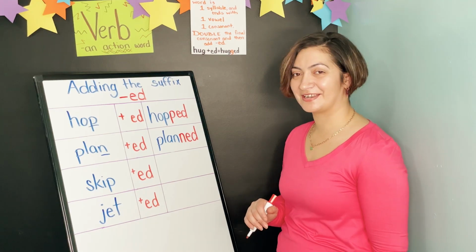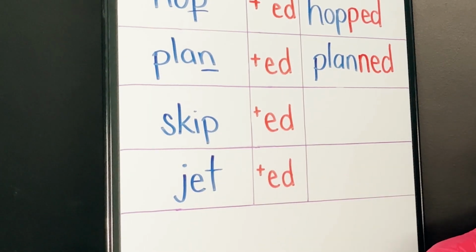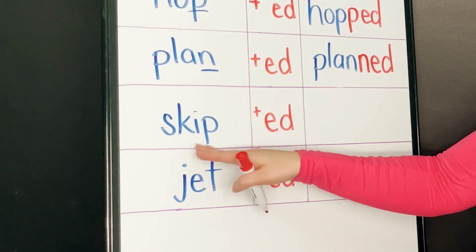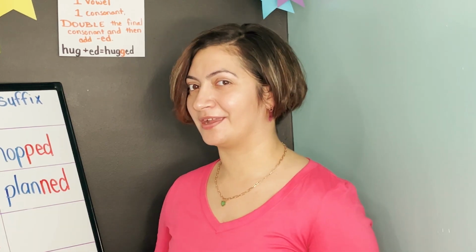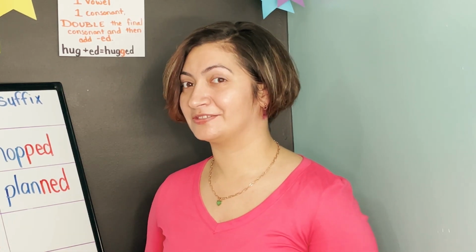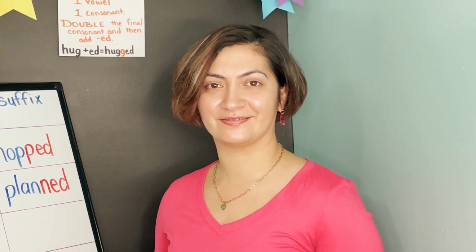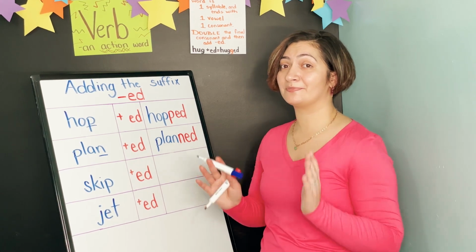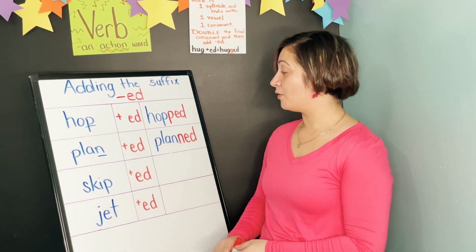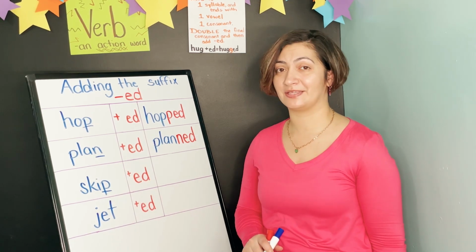All right, let's look at our next word. What is this word? Skip. Yeah. When I was young, it was hard to skip. But then I learned, right, and I knew how to do it. And so I skipped everywhere. All right, skip is one syllable. Skip. It ends with one vowel, one consonant. That's our final consonant right there.